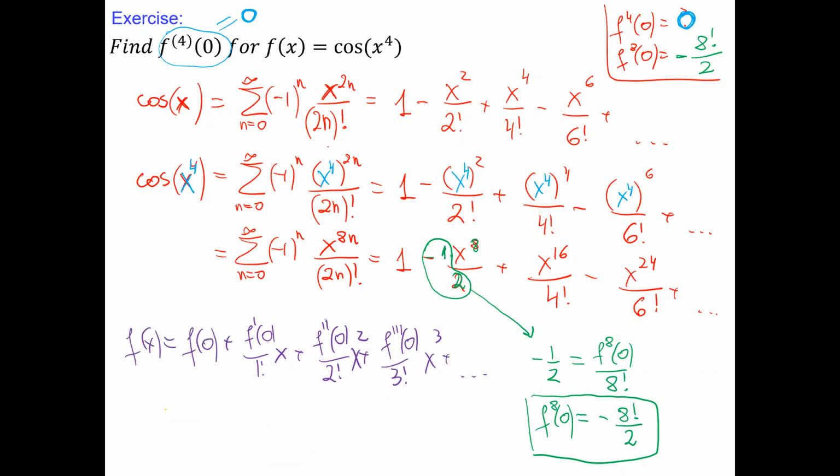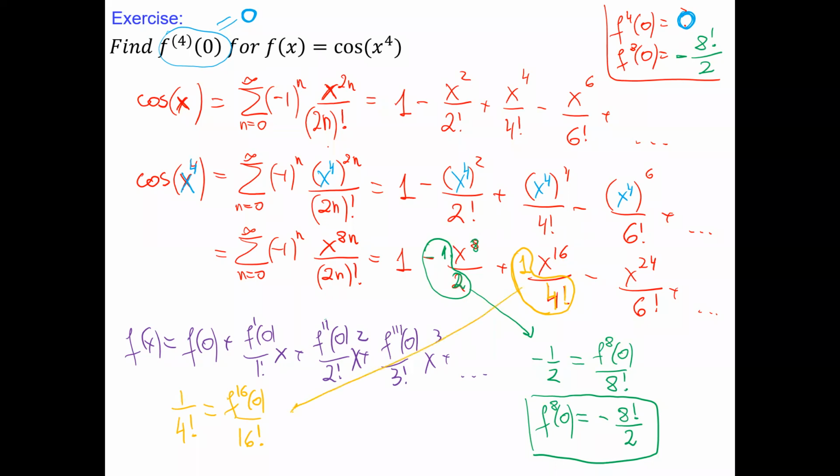If we have to find the 16th derivative, we can see we have 1 over 4 factorial. This coefficient, 1 over 4 factorial, corresponds to the 16th derivative at 0 over 16 factorial, because it's x to the power of 16.